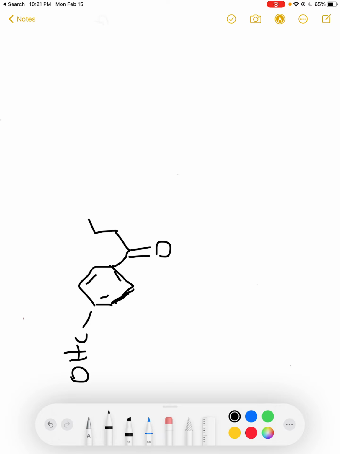So I had an OHC connected to a, that's chlorine right here. So this was the functional group she gave me.